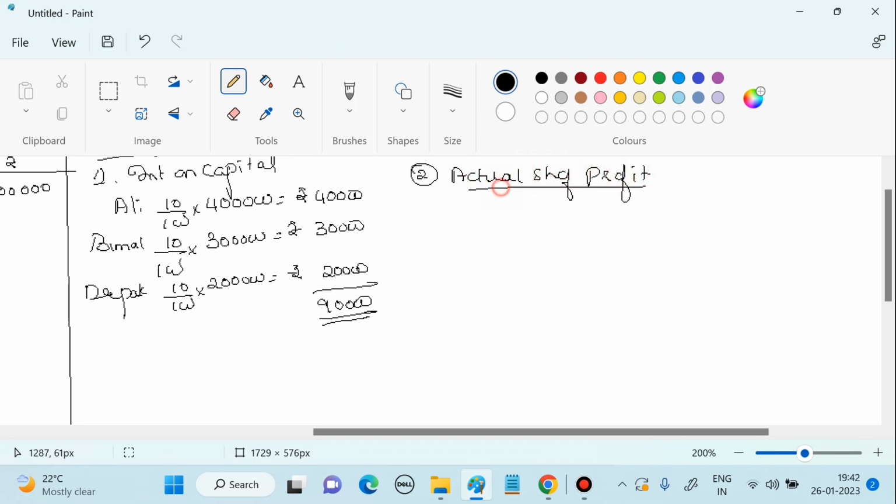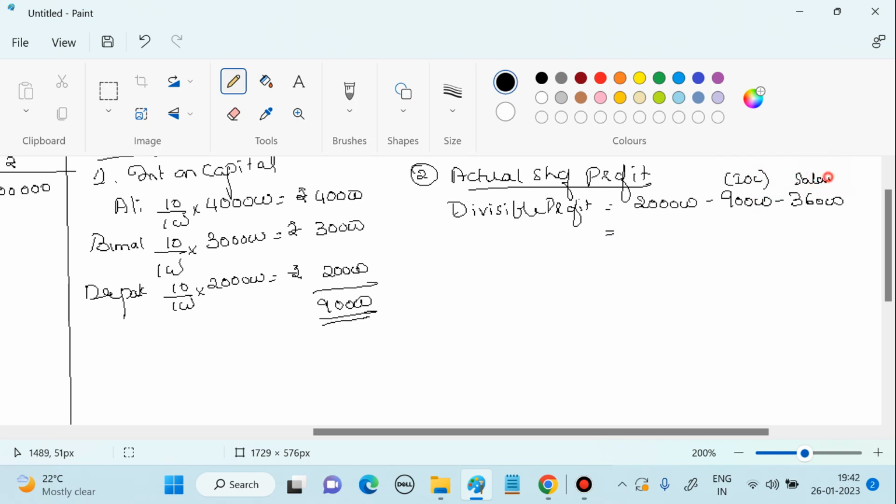So each one of them. What is the available divisible profit? Divisible profit would be how much? From 2 lakh of net profit, we remove 90,000 interest on capital and 36,000 of salary.